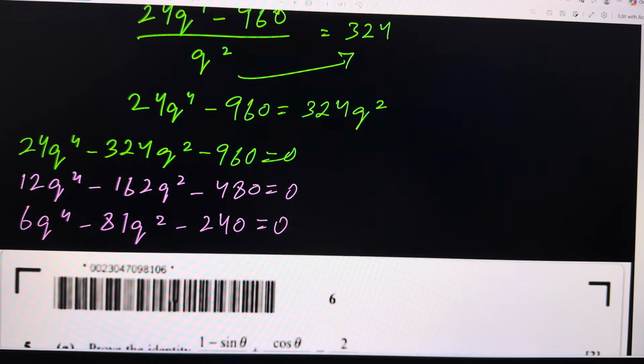So this is not further possible by 2, but this is divisible by 3, so yeah, we can do it by 3. This becomes 2q^4 minus 27q squared minus 240 divided by 3 is 80. We can't simplify more.